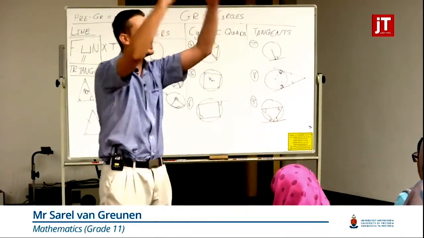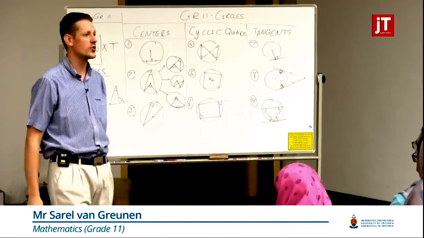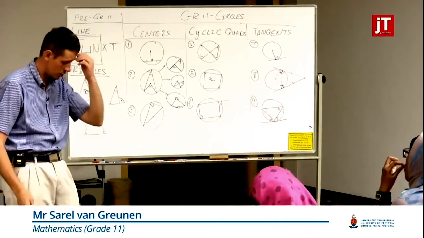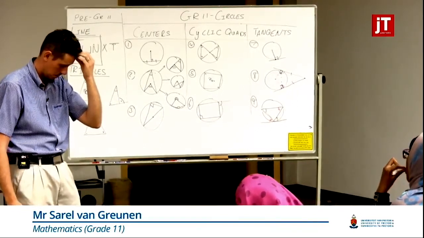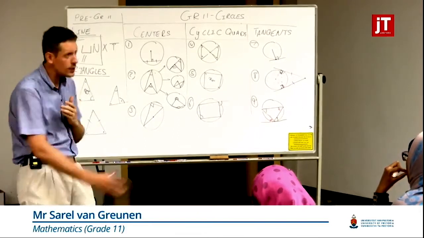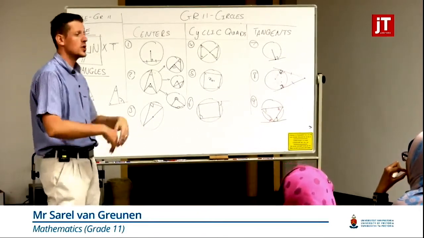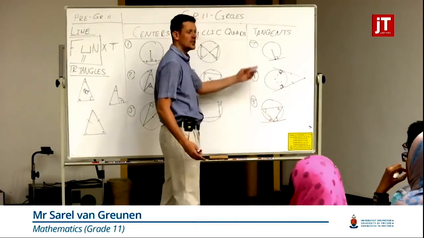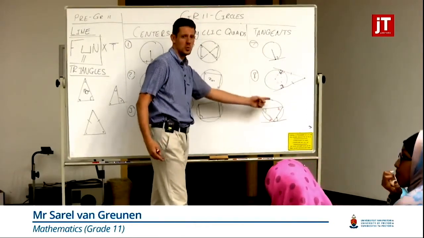Now you've already done the whole first part of the question by assuming it's a tangent. You get to the second one and you go, now what? Now I've got to start everything over again because I assumed wrongfully that it is a tangent. So tangents you're not allowed to assume.